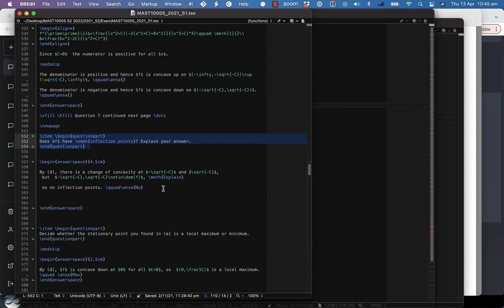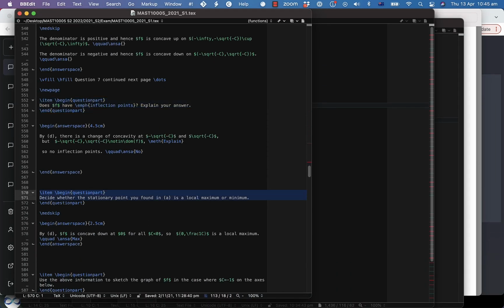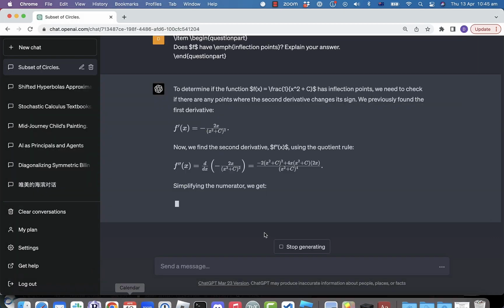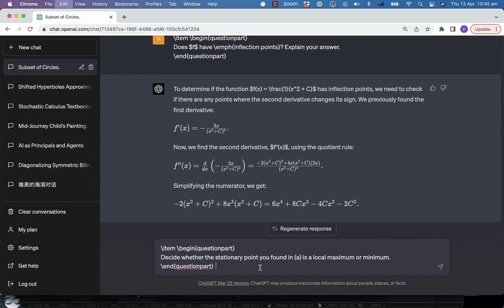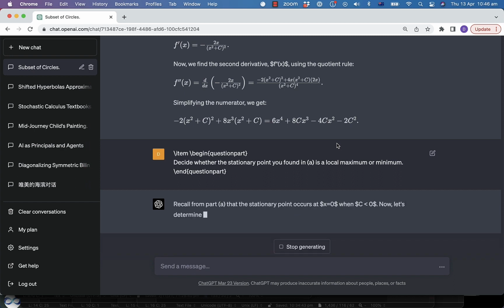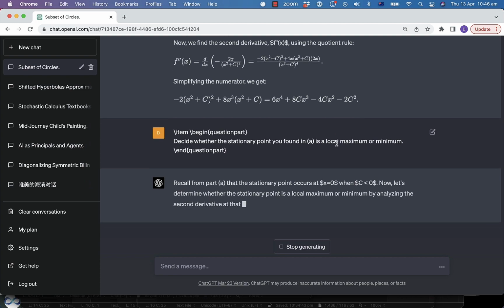Oh, sketch the graph. I guess we'll just give it those ones. It doesn't know what part A is. I'll just ask and see what happens. Is that right?